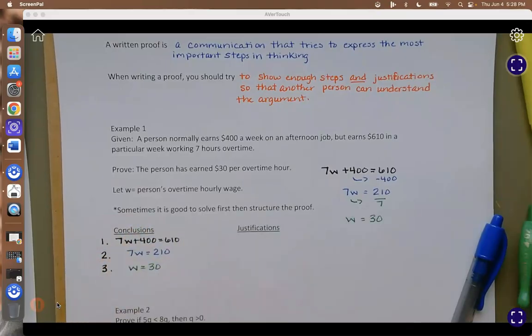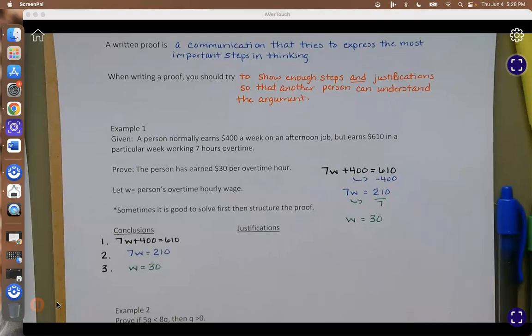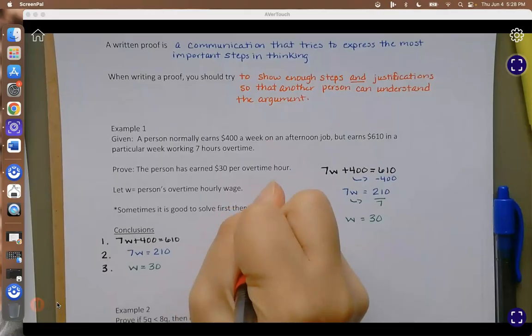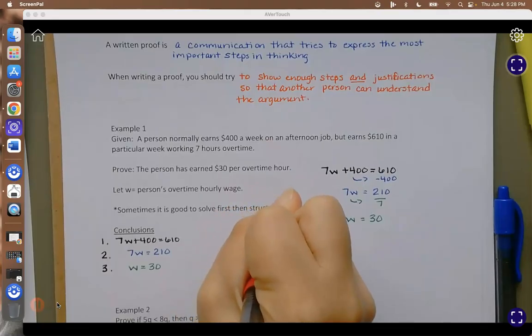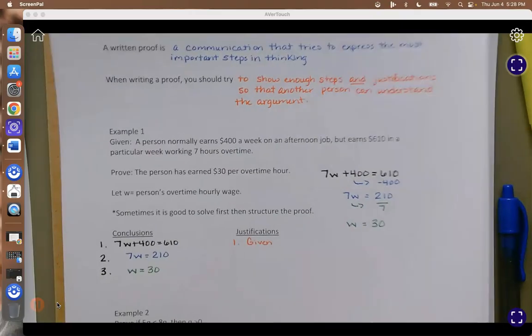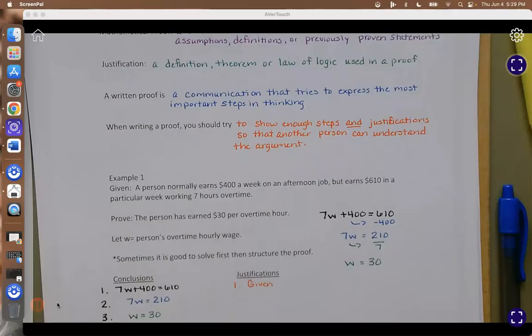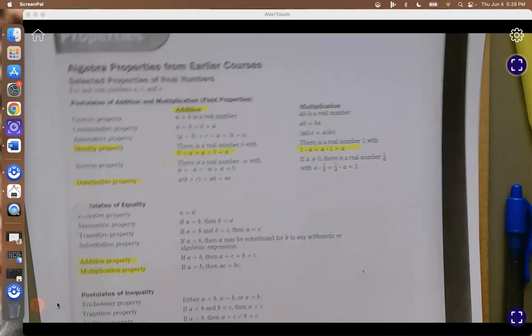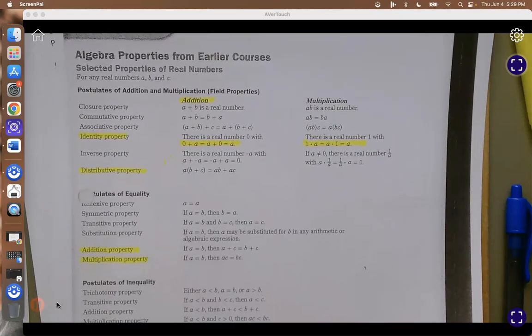So when you go to do your proof, your first justification is always the given. Okay, that's the thing that you started with. Now, if you will look at the other attachment that I gave you, or the other paper that I gave you that has the properties, I've highlighted, if you'll take a minute, you can pause it, highlight these.